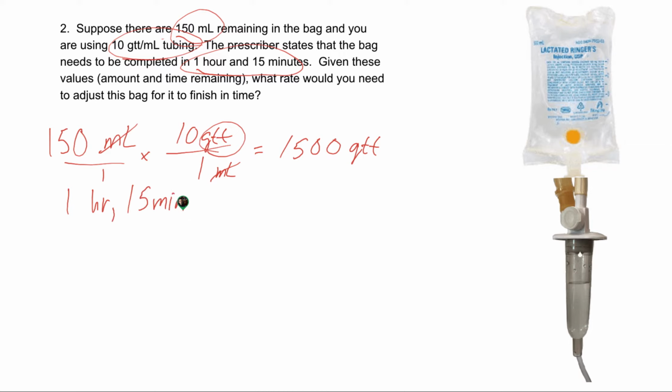When I turn that into just total minutes, 60 minutes plus 15 minutes gives me 75 minutes. So I know 1,500 drops needs to infuse over 75 minutes. So I set up my rate.